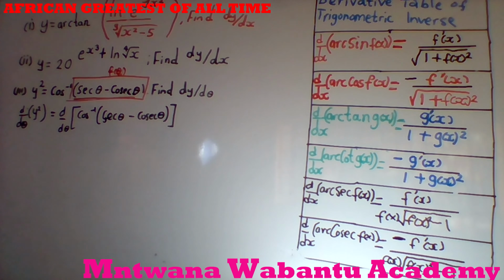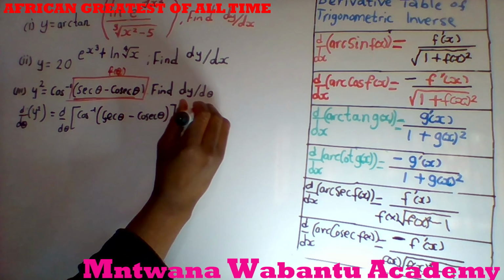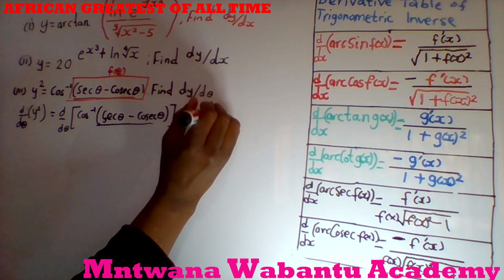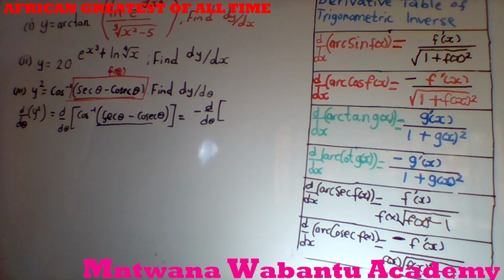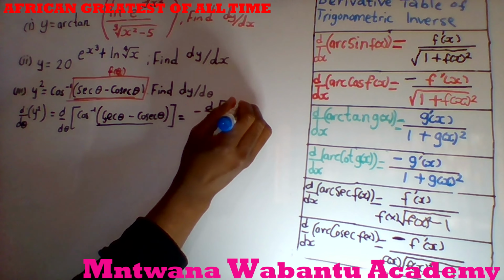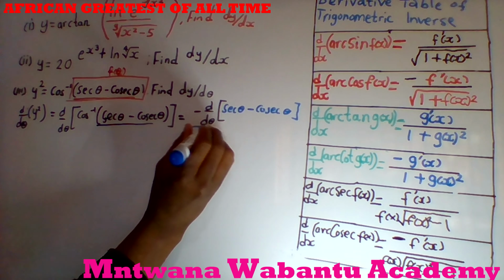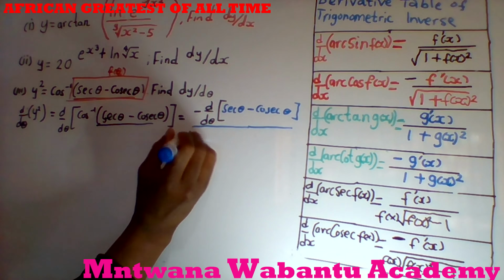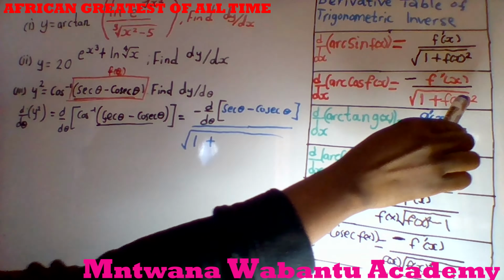Here we go. If I differentiate this, cos inverse gives the negative of the derivative of the function, so we have to differentiate our given function, sec theta minus cosec theta, all over root of 1 plus the function squared.